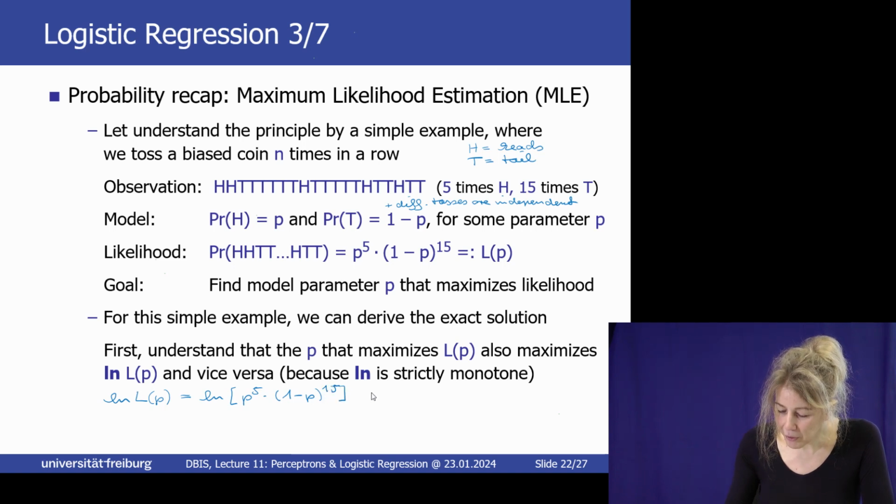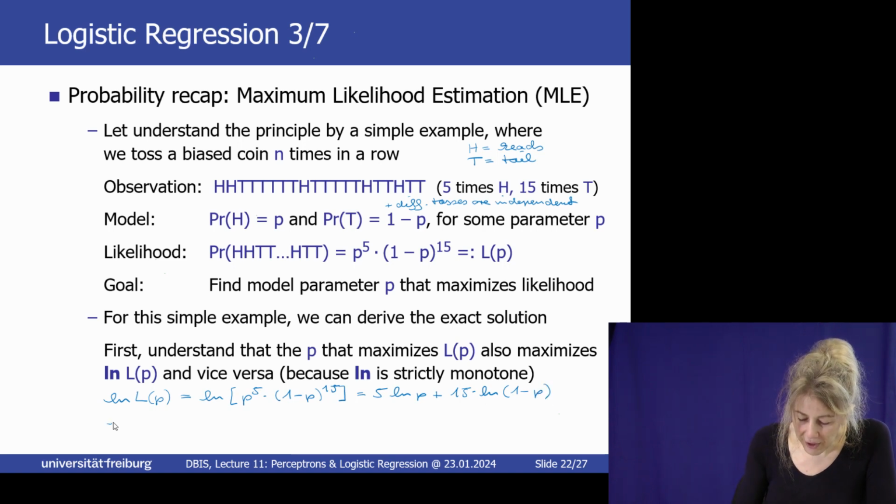And now, just by the way logarithms work, that's now 5p plus 15. No, that's not true, of course. I'm sorry. 5 times ln p. The product becomes a sum: 5 times ln p, plus 15 times ln(1 minus p).